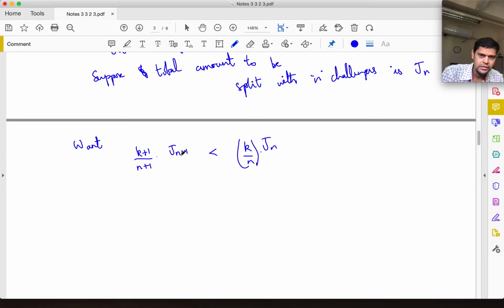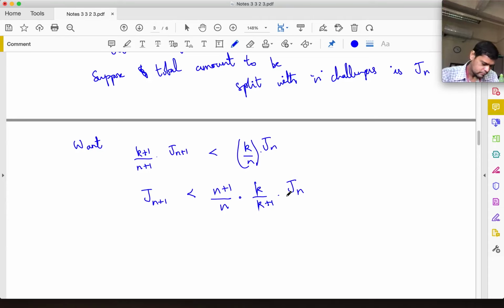Okay, but of course, if there are n plus 1 challenges, we are going to distribute only Jn plus 1. Okay, and we want this to be something less than this. So what do we end up with? Jn plus 1 is less than n plus 1 divided by n multiplied by k plus 1 times Jn.